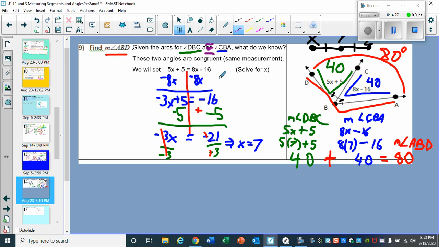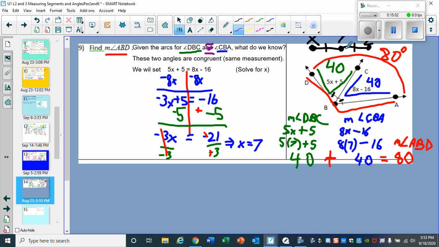Again, similarly, once you find your value of x, substitute into each expression. In this case, DBC, 5 times 7, 35, plus 5, 40. And CBA, 8 times 7, 56, minus 16, 40. Now, the last thing, we needed the entire angle measure from DB all the way to BA, or from BA all the way to BD.